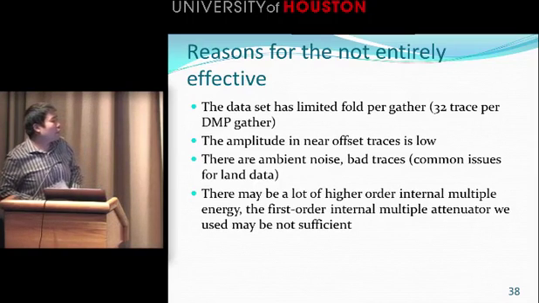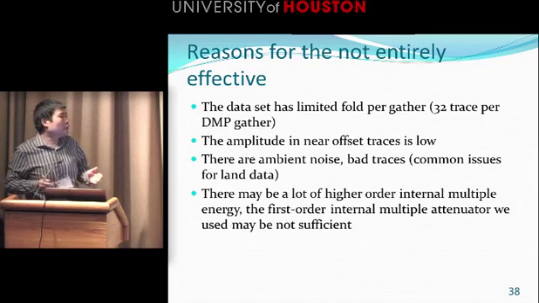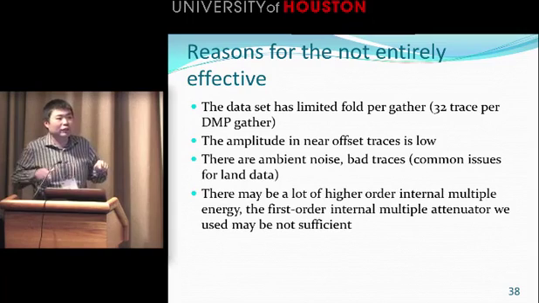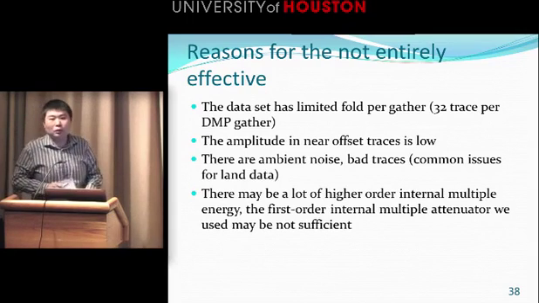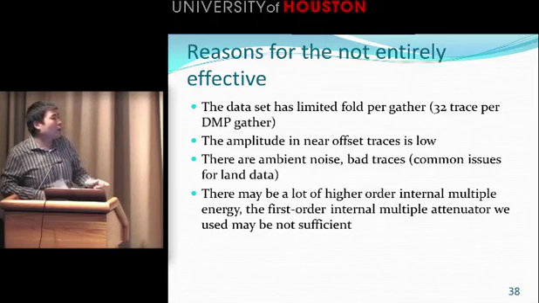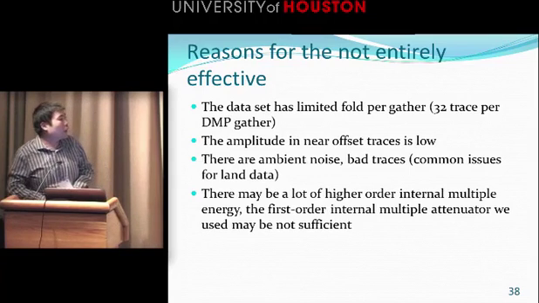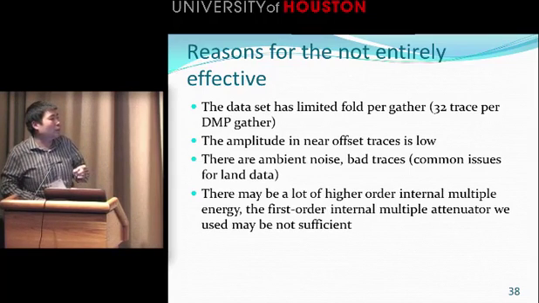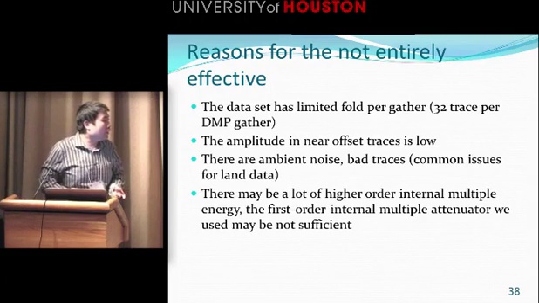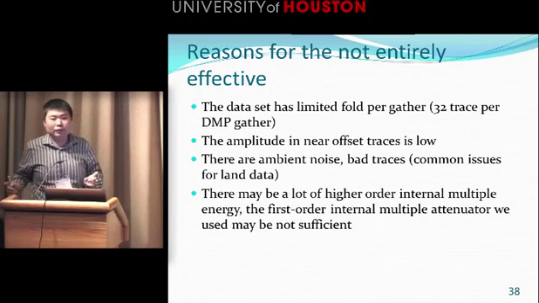So if you have the normal case, with higher order internal multiple energy that is not severe, you can use the first order internal multiple attenuator to deal with all of them. But if you have severe higher order internal multiple energy, maybe you want to use a higher order internal multiple attenuator, so you can better remove the higher order internal multiple energy from your data.